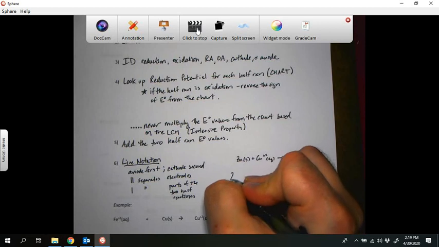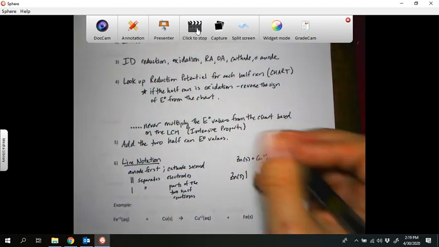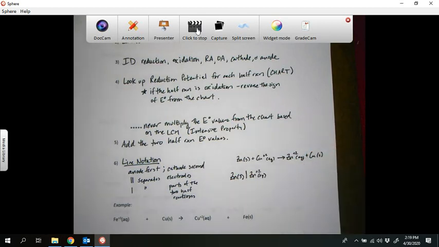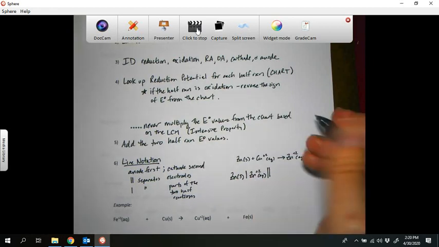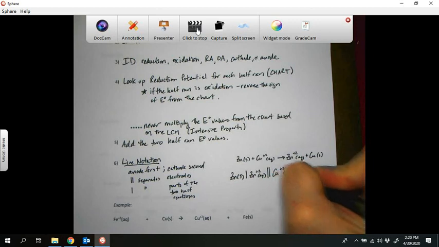So I would write zinc solid, a single line, because it separates the parts of the half reaction, zinc plus 2 aq. So that's the anode. I'm going to put a double line to separate the anode from the cathode. And now we're going to have the cathode, which is copper plus 2 aq, single line, copper solid.